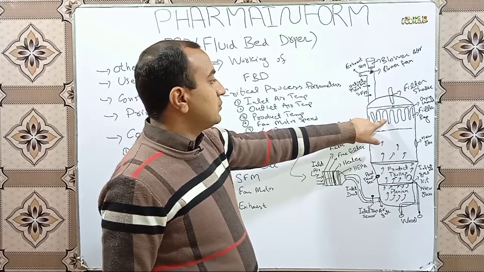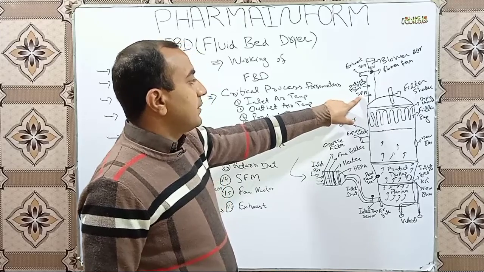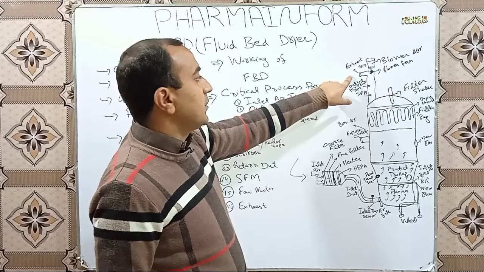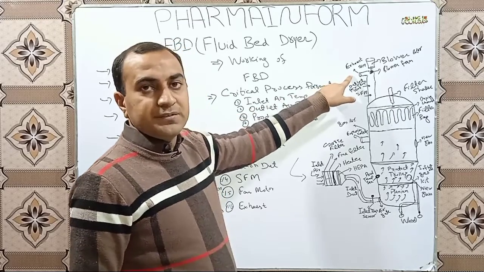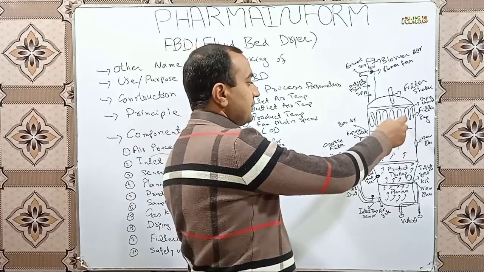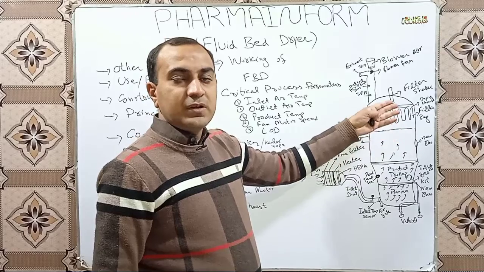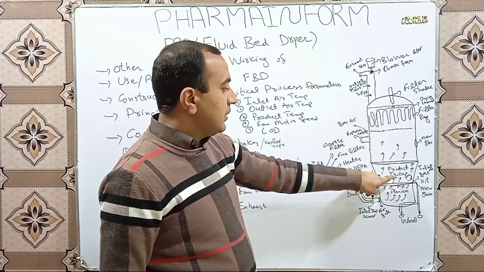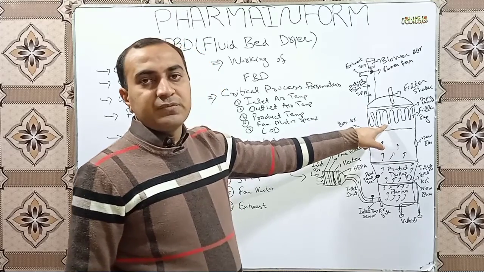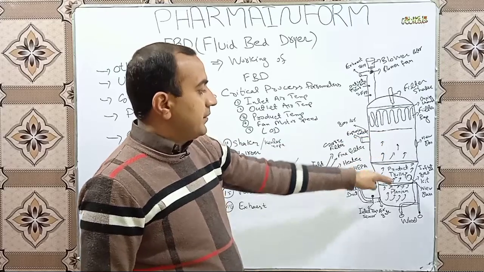Air passes through the finger bags and comes into the return duct, and from the return duct it passes to the environment by the exhaust window. So our product is retained inside the drying chamber, and when we turn our dryer off, it is all collected in the product trolley. These filters only allow the passage of air, so they retain our product inside the dryer.